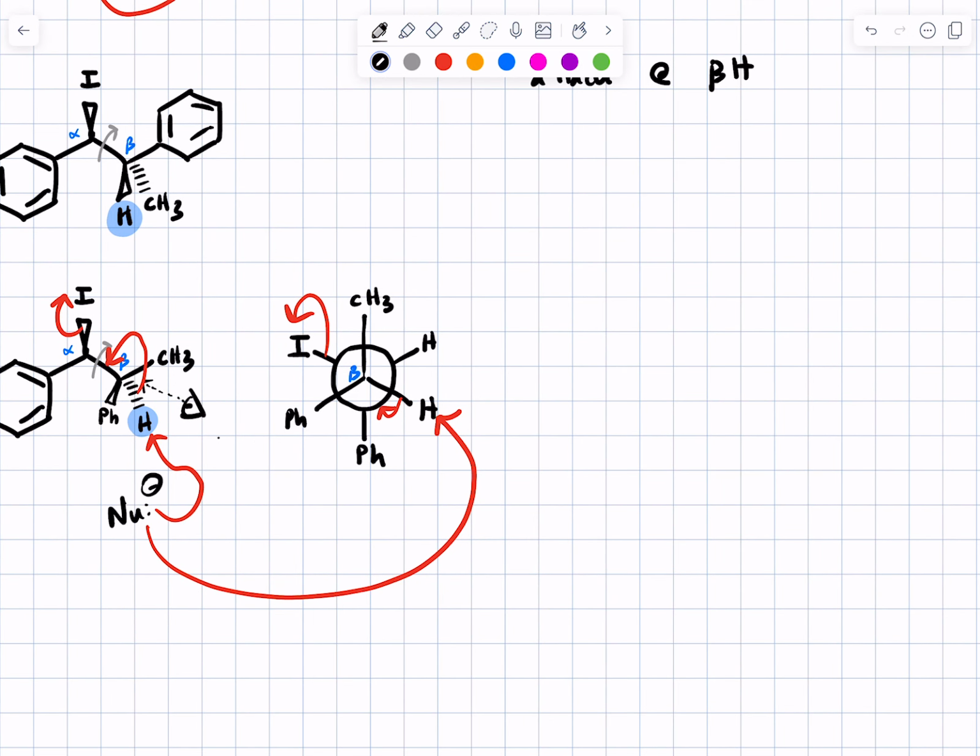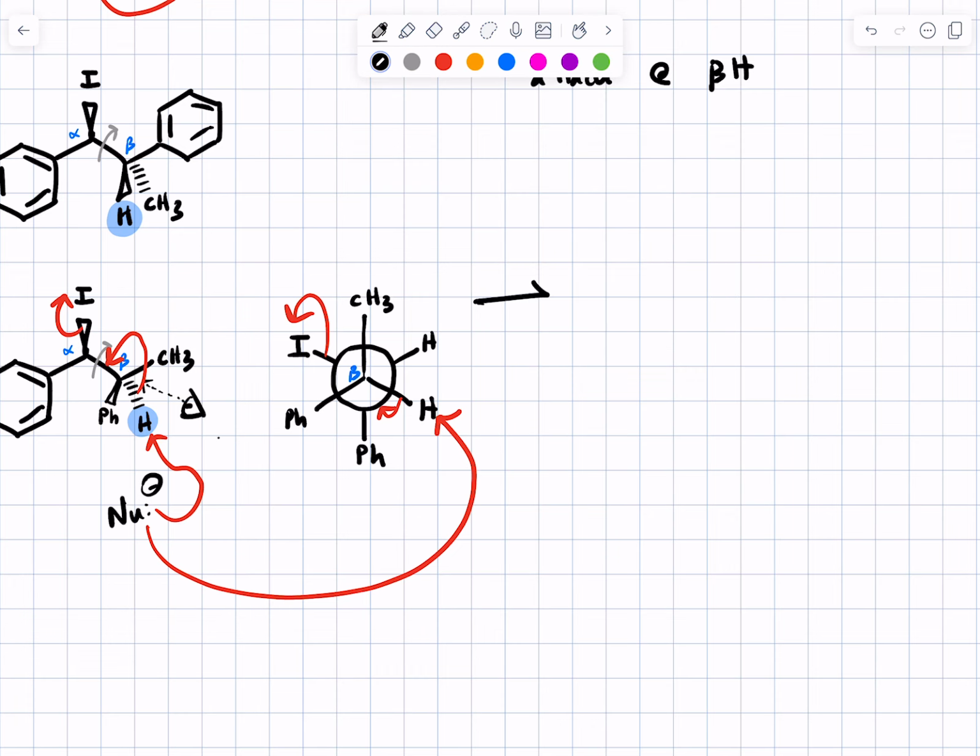Now notice that as we remove this hydrogen and as the leaving group leaves, a new pi bond is going to form between the beta carbon in the front and the alpha carbon in the back. And notice that these two benzene rings were on the same side of the molecule, gauche to each other. And as that pi bond forms, they're going to stay on the same side of the molecule.